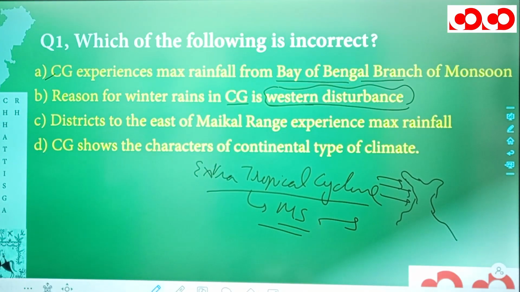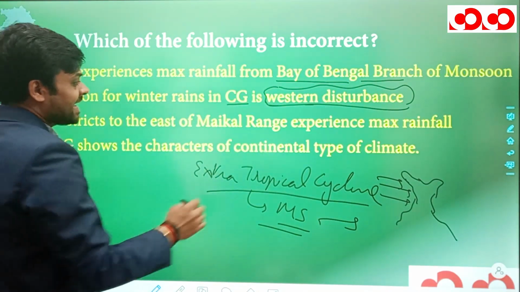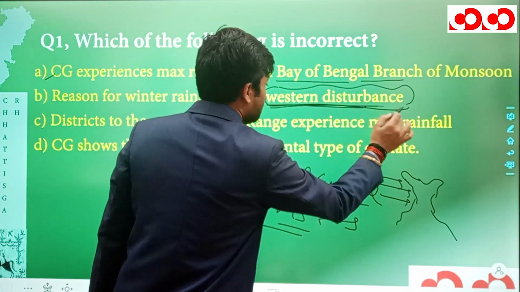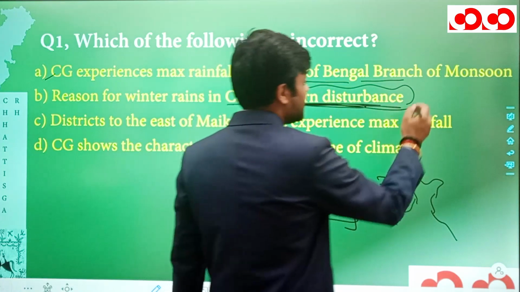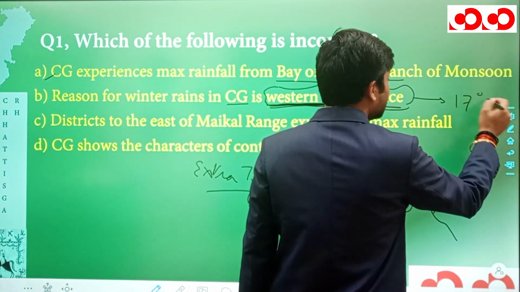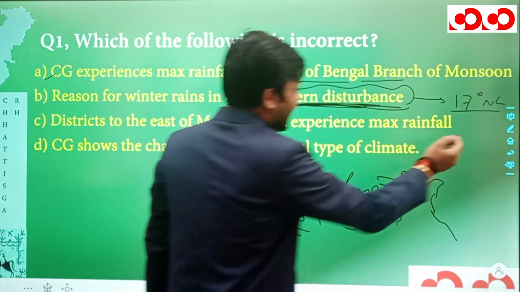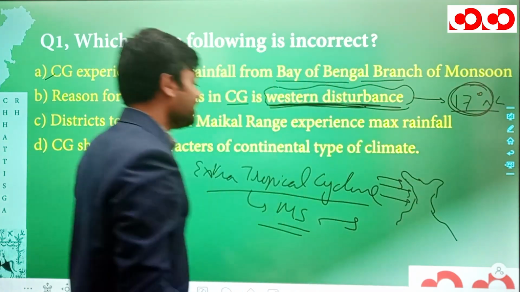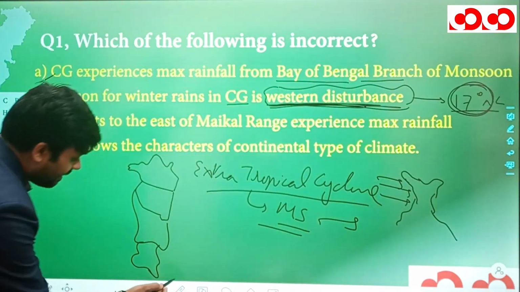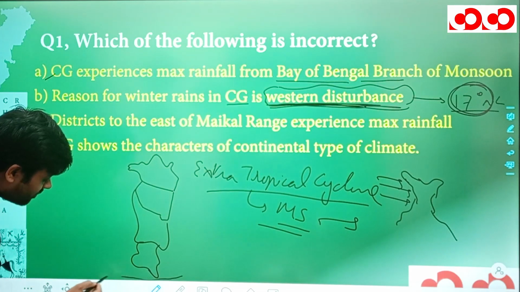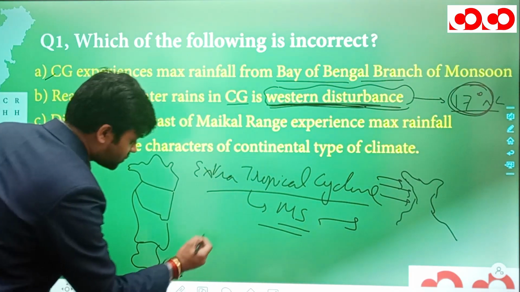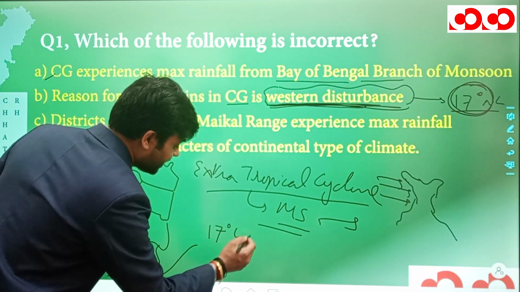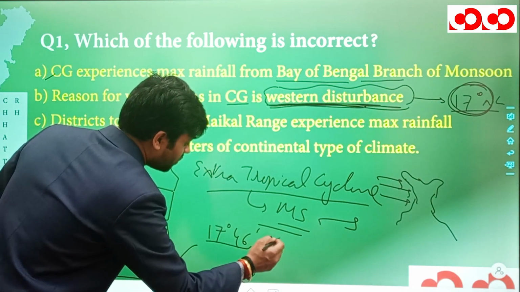Let me also tell you that this western disturbance actually accounts for rainfall predominantly in the northern and central parts of India. However, the extent of the impact of this western disturbance can be actually seen up to 17-degree northern latitudes. And this 17-degree northern latitude actually happens to pass from the south of Chhattisgarh. Now, the southernmost extension of Chhattisgarh itself is 17 degree 46 minutes northern latitude.